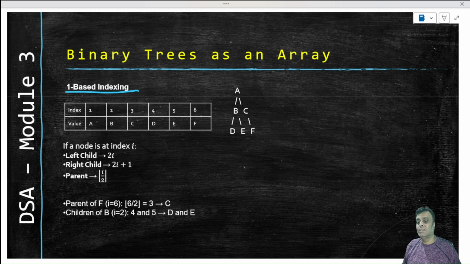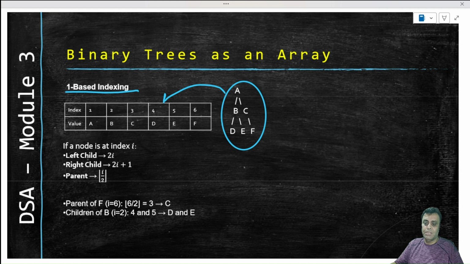Now what does this help us with? First of all, we have converted a hierarchical representation, rather a non-linear data structure element, into a data structure where we have stored it in our memory, which is an array, right? Now, if we have taken this particular tree and stored it here, then I should also be able to take this particular storage, which is the array, and reconstruct the tree whenever I want.